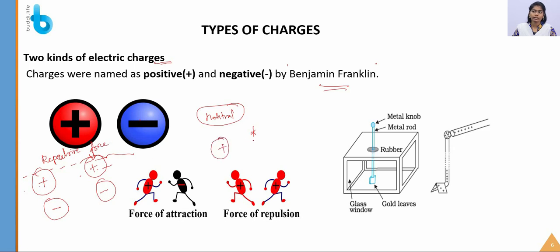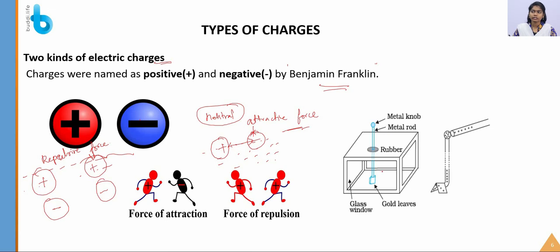And what happens when two dissimilar charges are kept in empty space? They experience an attractive force. So two dissimilar charges experience an attractive force, and two similar charges experience a repulsive force. These are the properties of the charges.